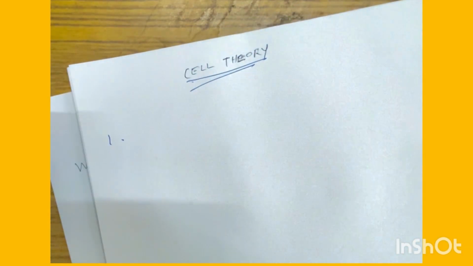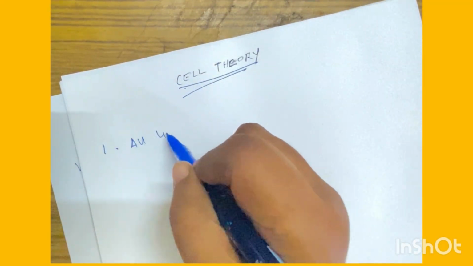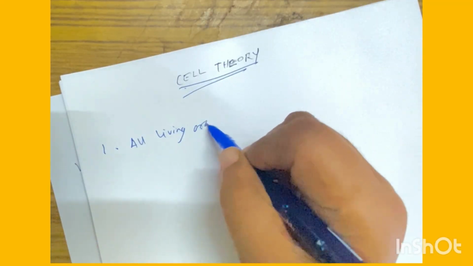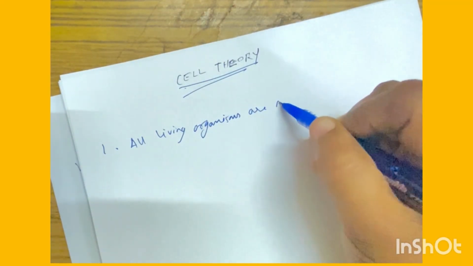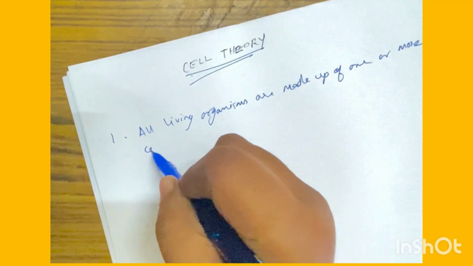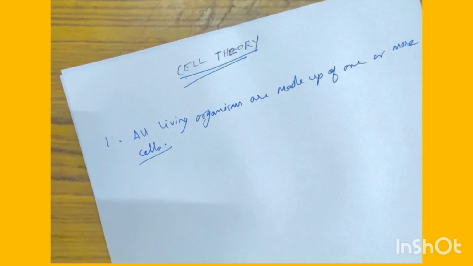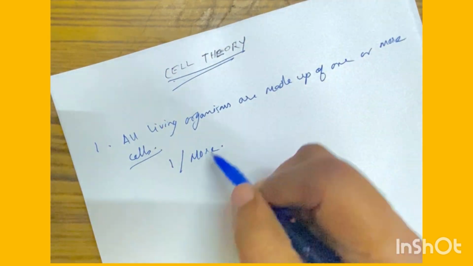The first point it says is that all living organisms are made up of one or more cells. When I say one or more, what do you mean by one?